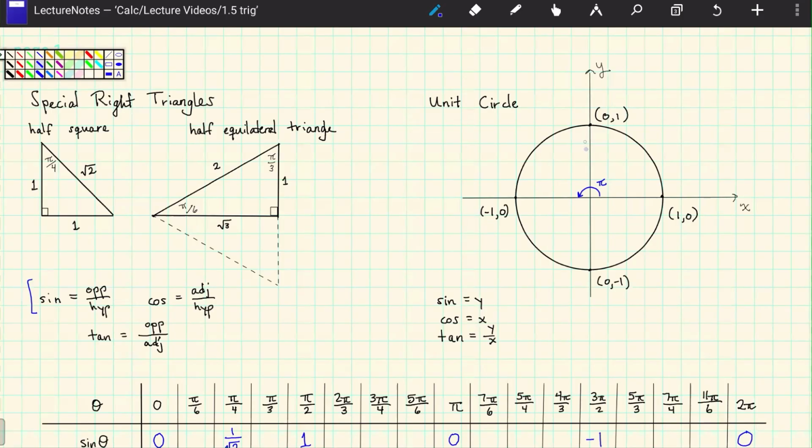I like to make my circles with a radius of an even number of grid lengths, because in the half equilateral triangle, I know that the shorter side is half of the hypotenuse.